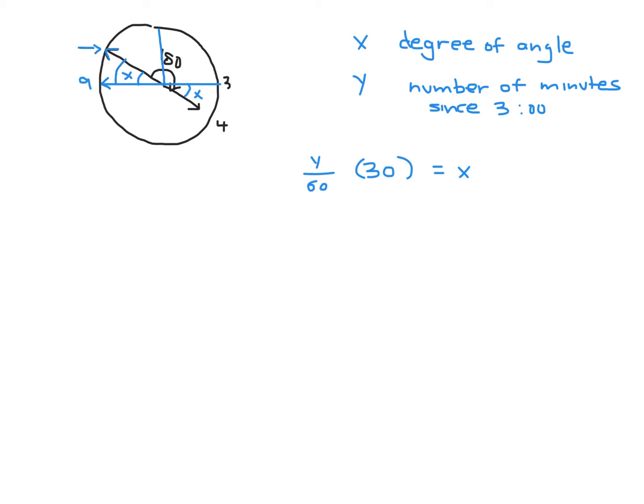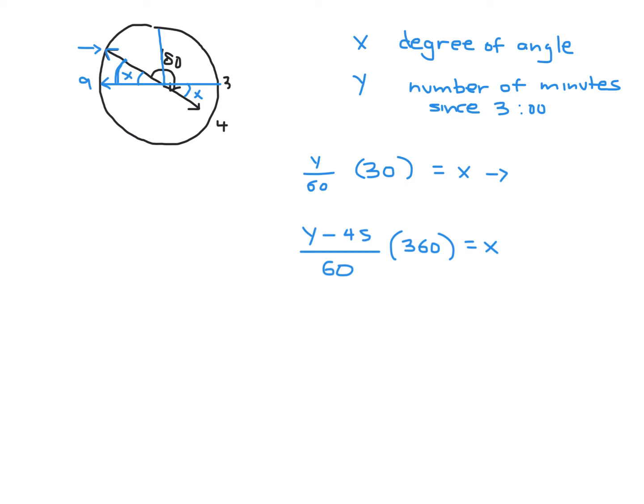So if y is the number of minutes, we subtract from y the 45 already traveled, divide that by 60, and multiply by 360, because now we're talking about the minute hand, not the hour hand. That equals x. Take a minute to understand why that equation is valid. Now we have two equations and two variables, so we can solve.